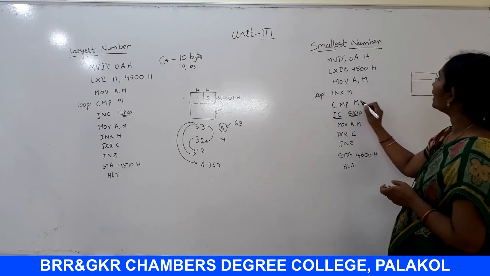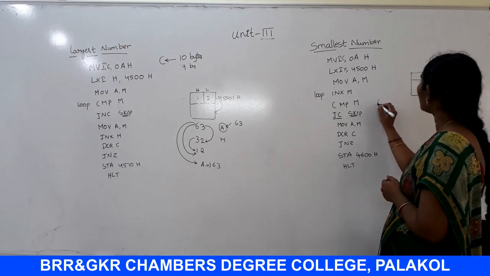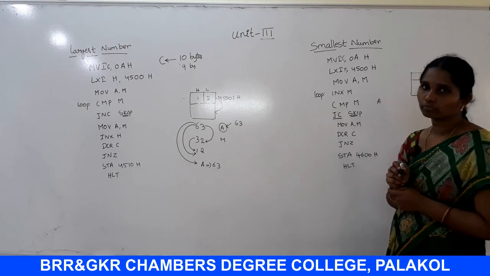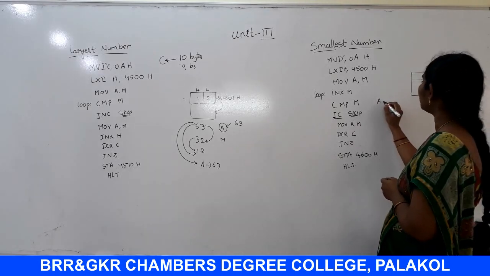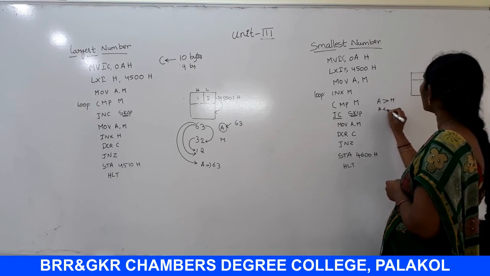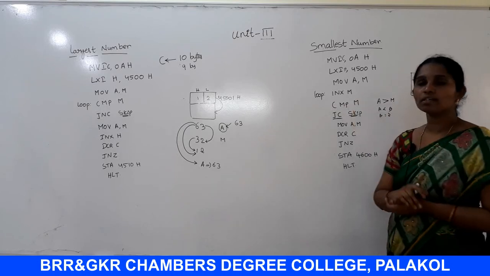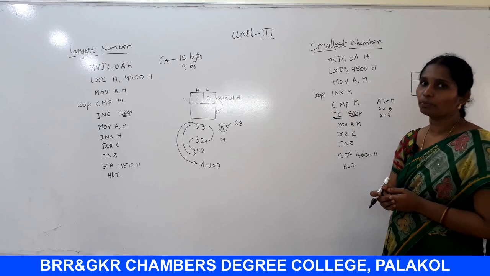Then compare M. What is the meaning of this instruction? It will compare A with memory, that is, whether A is greater than M, A is less than M, or A is equal to M. Comparison is also called a subtraction operation.